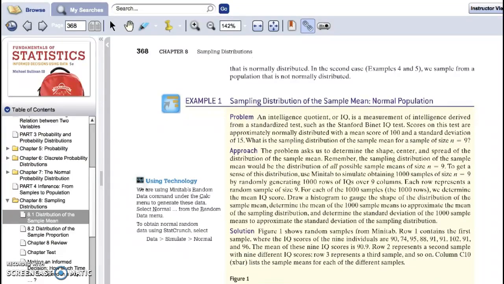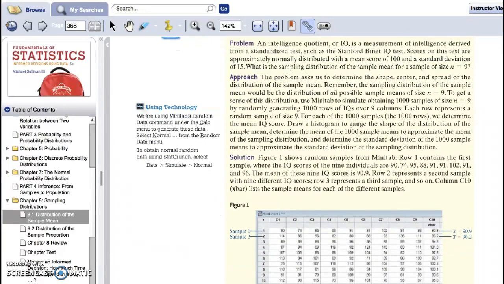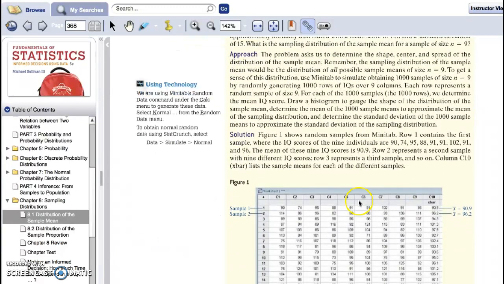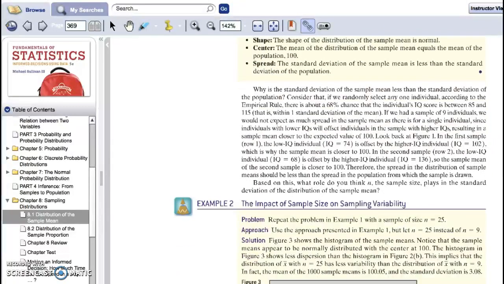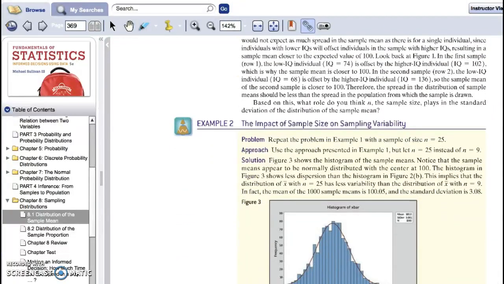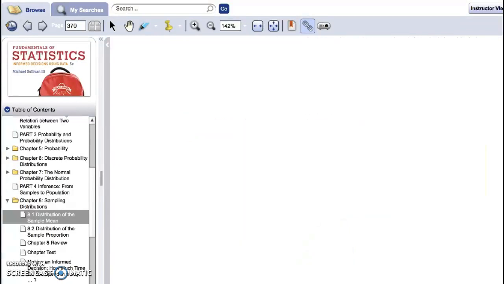They go through some examples and show you what they mean with samples and how they organize this into a spreadsheet instead of the applet that we were looking at. So just a different way to think about it. Read through these first few examples carefully. They don't have a lot of by hand work. It's more just background and theory that they're describing.